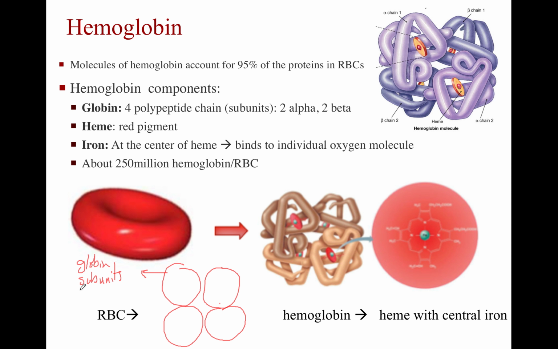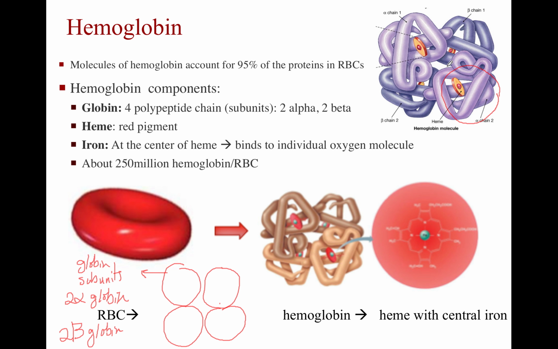As you can see, there are 4 of them. So 2 of these units are identified as alpha globin, and 2 are identified as beta globin.